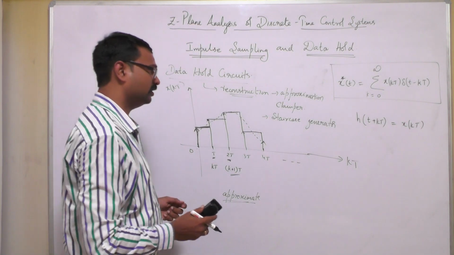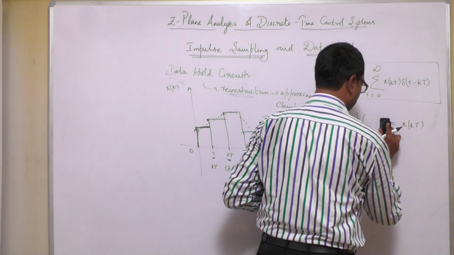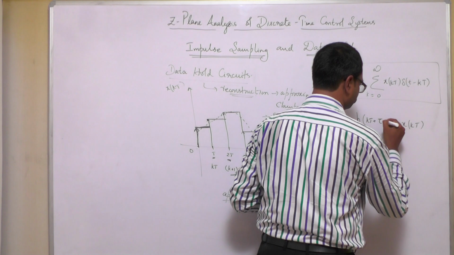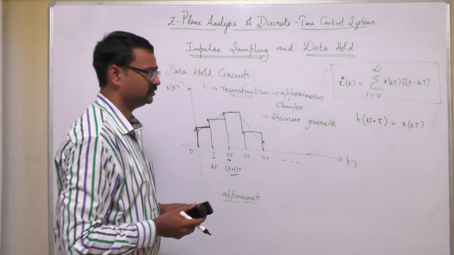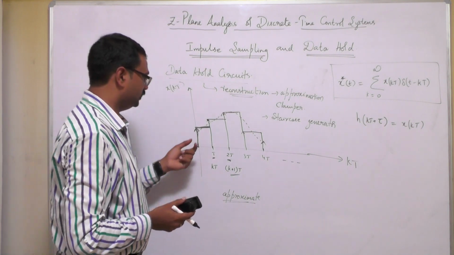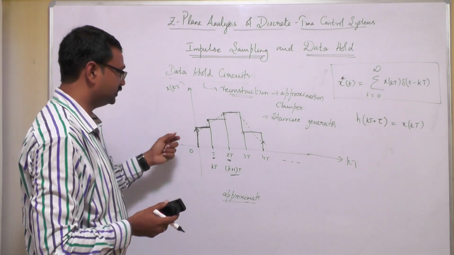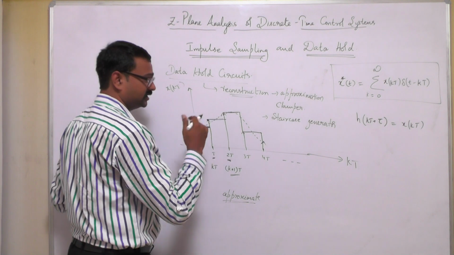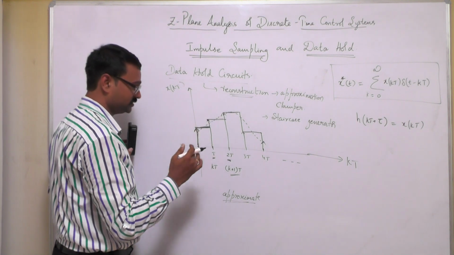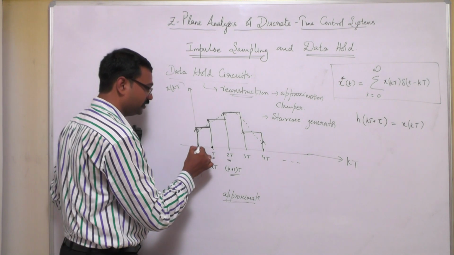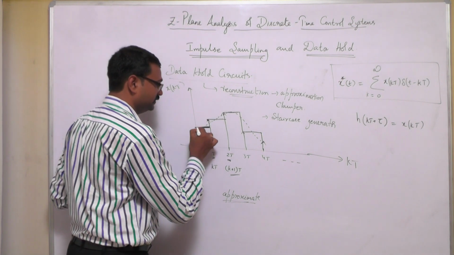Otherwise, you can take another variable, h of kT plus tau is equal to x of kT, where tau is the time delay. Tau is a time delayed function. Therefore, you are trying to get the value until the next instant, so the previous instant value will be considered here.